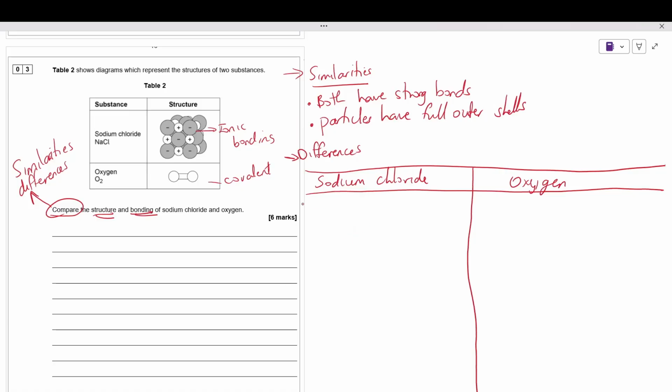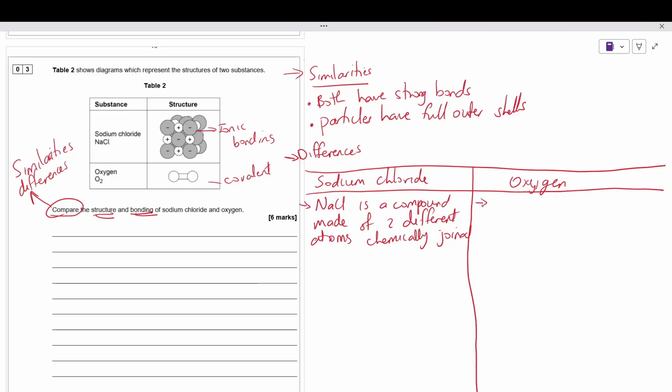First thing I'm going to mention, taking it back to key stage 3, is that sodium chloride is a compound made of 2 different atoms chemically joined or bonded.